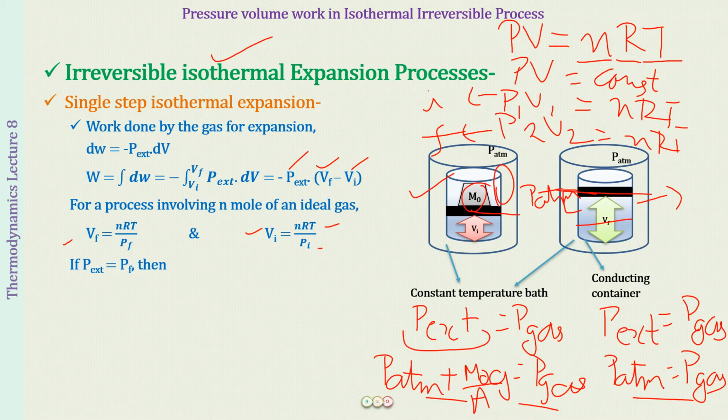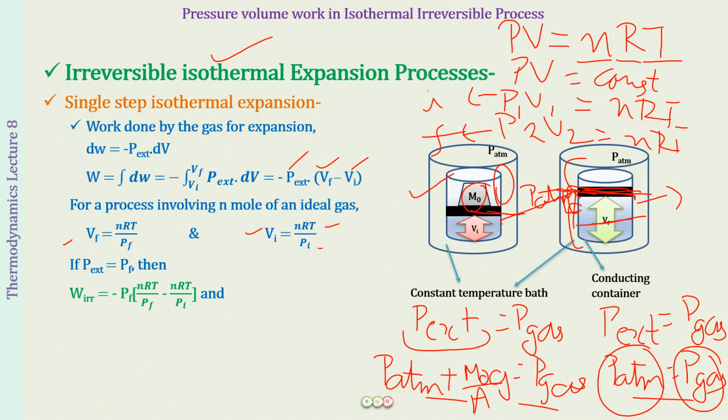We have P external equal to the final pressure of the gas. At the end, the pressure of the gas has to be equal to the external pressure. Only then will it not move further. In between, there is only atmospheric pressure outside, and the pressure inside is more. That is why the piston is moving, and it will keep on moving because no equilibrium was established in between. Fine.